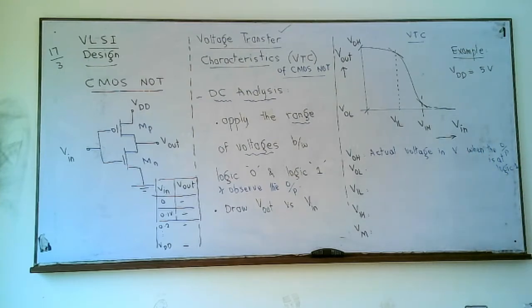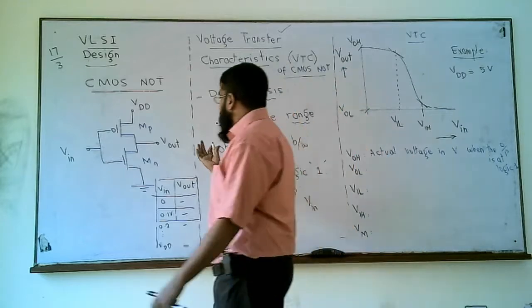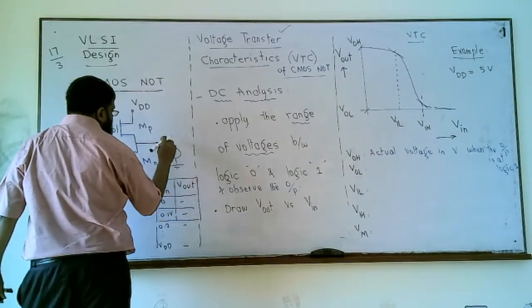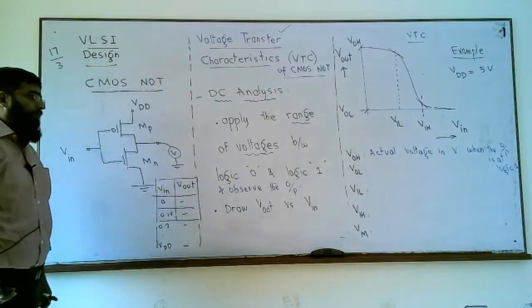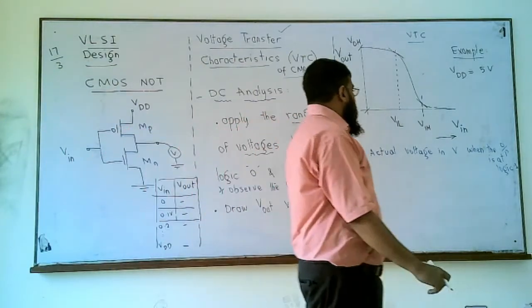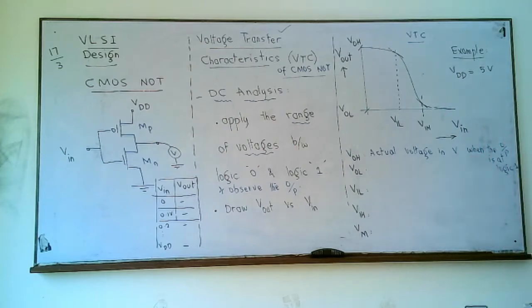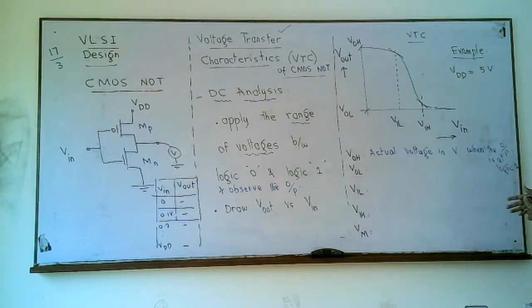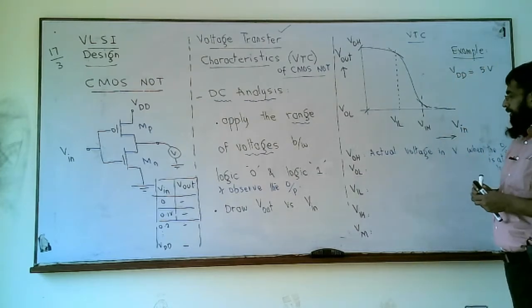If the output is high and we put a voltmeter here with respect to ground, we measure the actual voltage at the output. If this voltage is, for example, 4.9 volts, we call it VOH is 4.9. So for most CMOS circuits, V output high, the actual voltage in volts, is equal to VDD.